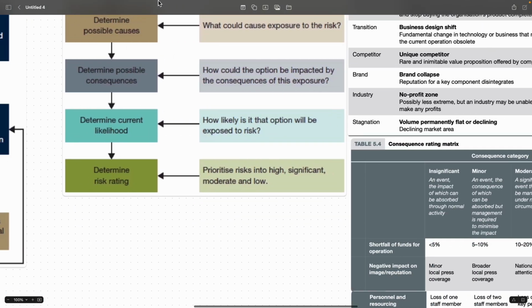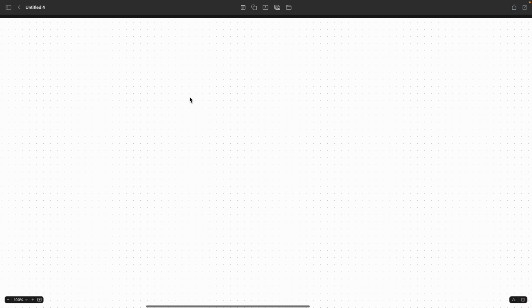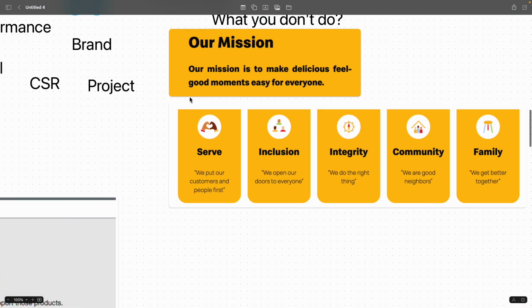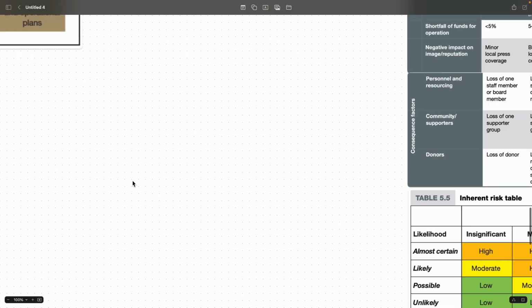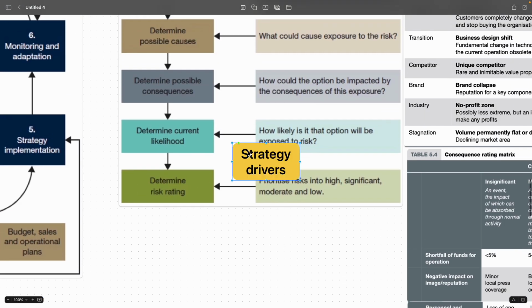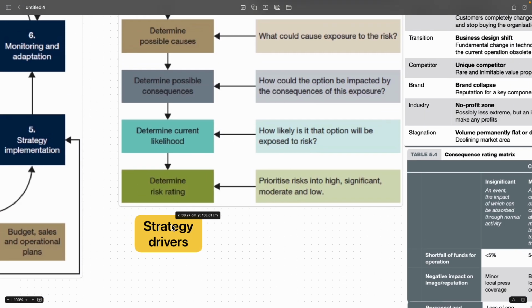So after all of this, you come to the next step. So you have risk response. What's the risk response going to be?